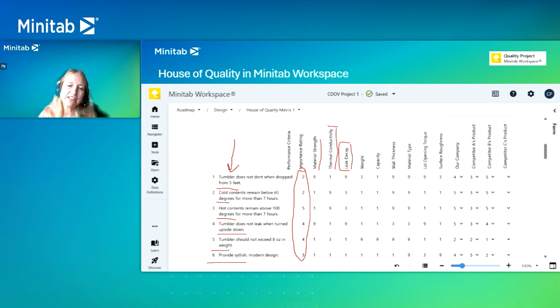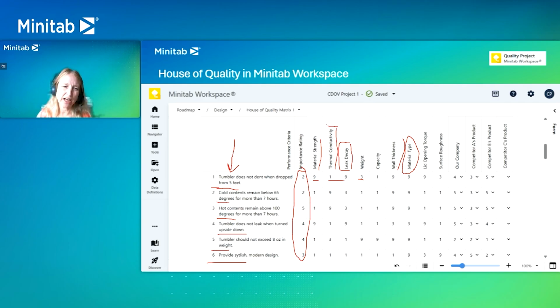So we can look at all these metrics that we're creating parameters around. How thick do the walls need to be? What kind of material? If you remember from the initial problem, we're looking at maybe testing a new blend of steel for this to help with our heat retention. So as you see this, each of these things is a 9, 1, or a 3. We're relating these performance criteria to these specific voice of the customer criteria.